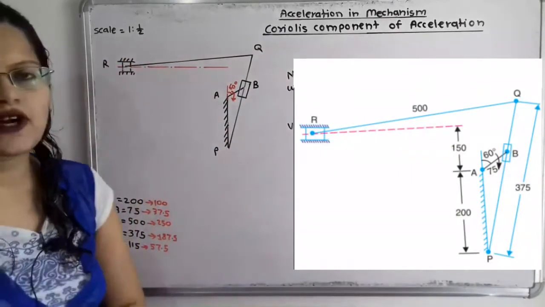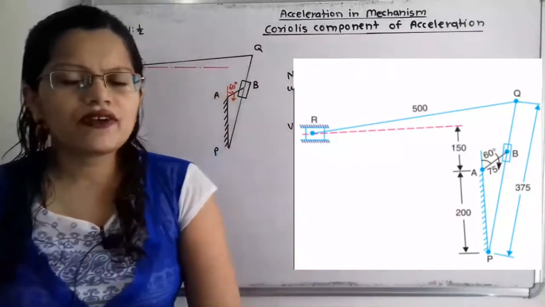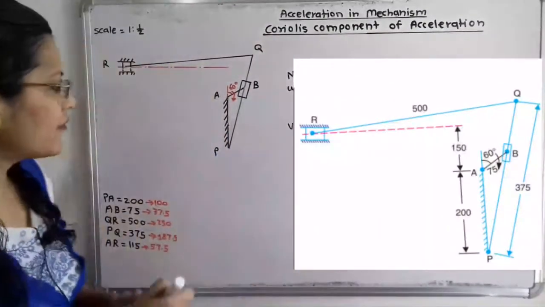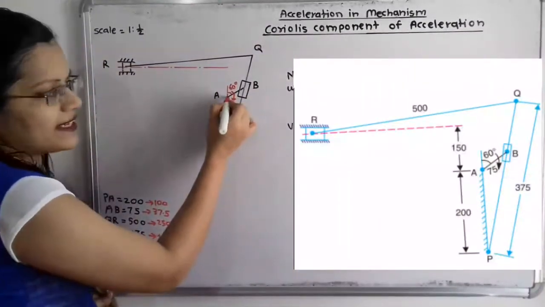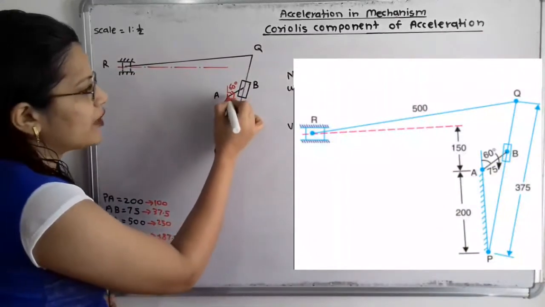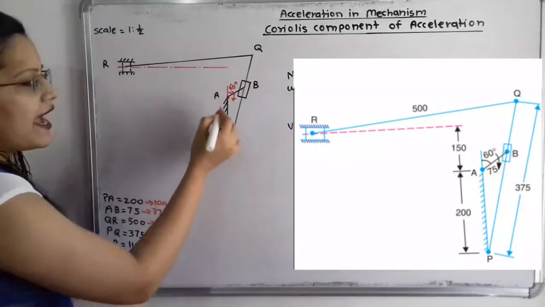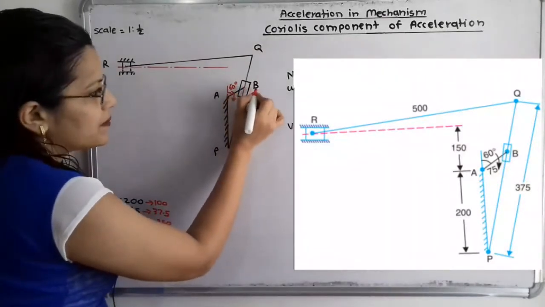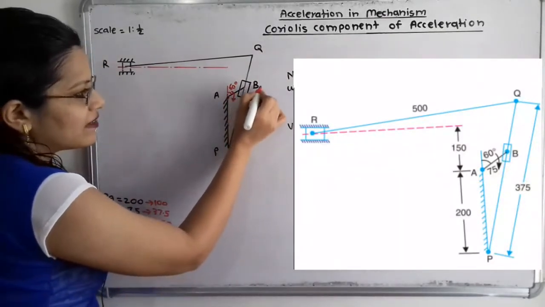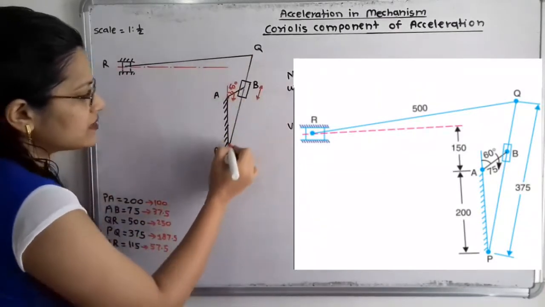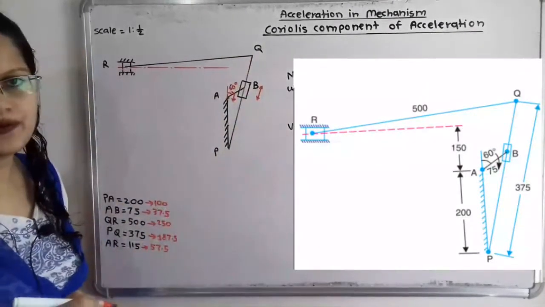Now we will observe how this mechanism works. Here the link PA is fixed, point A is also fixed, and about point A the crank has rotating motion. At the end, point B, there is the slider, which has reciprocating motion along the slotted bar PQ.